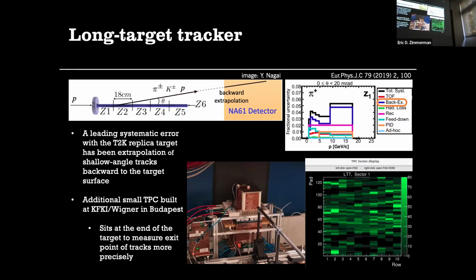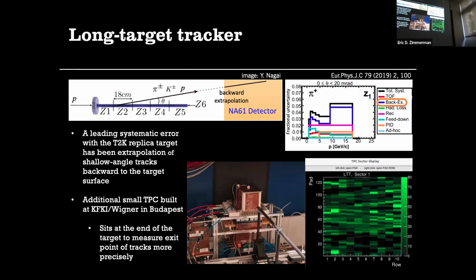So if you have your detector here and you're extrapolating back to the target, it doesn't take much of an angle reconstruction error to move this intersection point into the wrong longitudinal bin. So this is really a big problem for the T2K analysis. And for the DUNE analysis with this 1.5 meter long target and a higher energy primary beam, it would be a much worse problem.